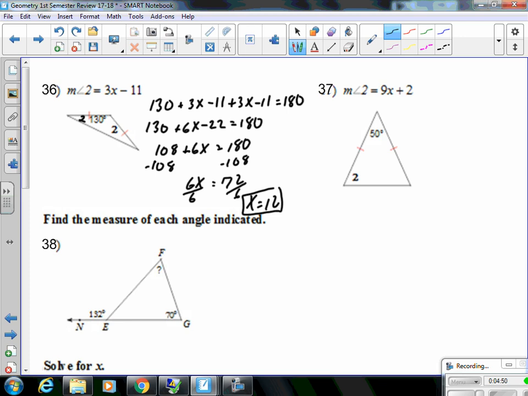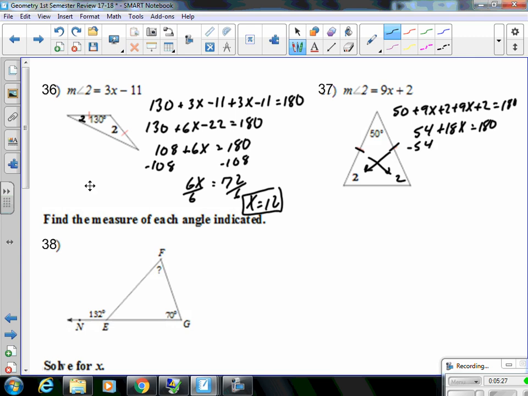All right, 37. Measure of angle 2 equals 9x plus 2. Same idea. We got 2 congruence marks, one here and here. So the angles opposite those should be congruent. So the other angle is 9x plus 2 as well. So to solve, add them all together. 50 plus 9x plus 2 plus 9x plus 2 is going to equal 180. So 54 plus 18x equals 180.